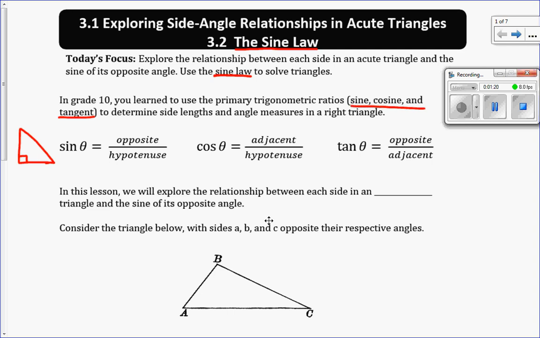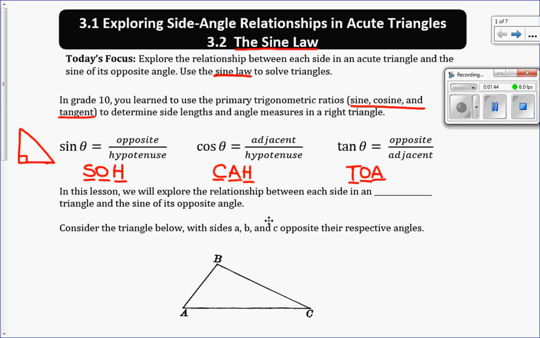If you remember SOHCAHTOA, sine equals opposite over hypotenuse, cosine equals adjacent over hypotenuse, and tangent equals opposite over adjacent.